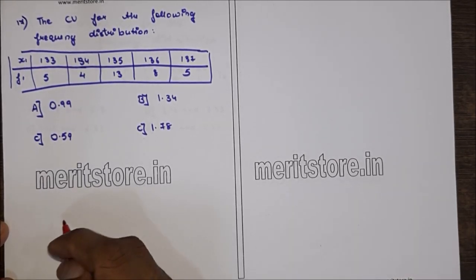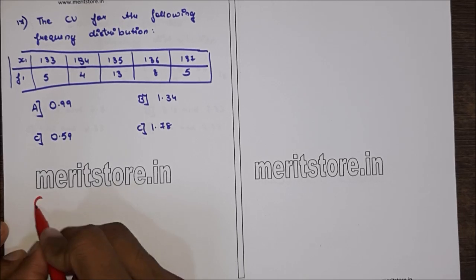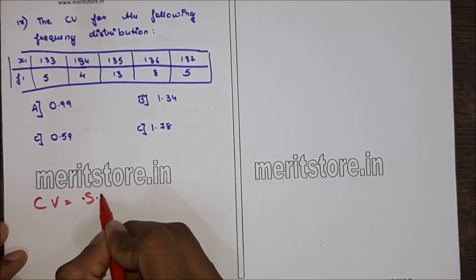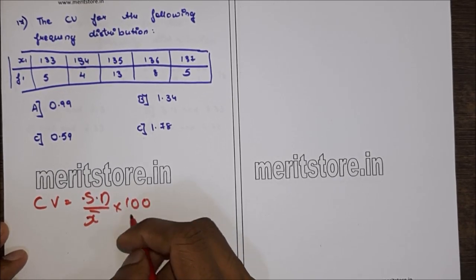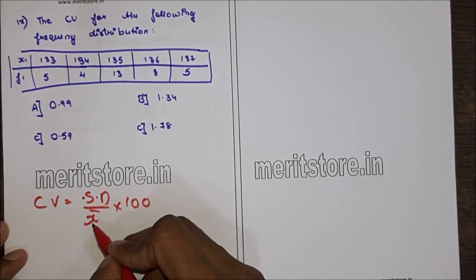For coefficient of variation we have the formula, that is CV is equal to standard deviation upon x bar into 100. So we find the following standard deviation and mean.